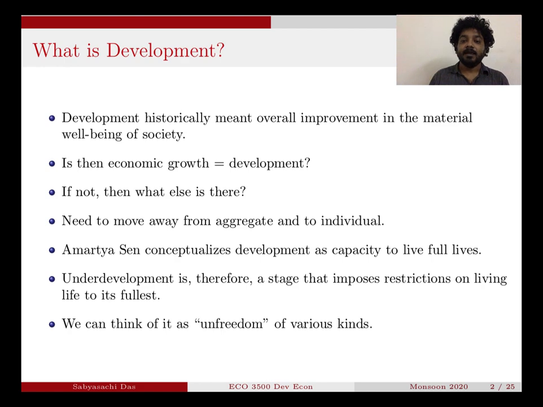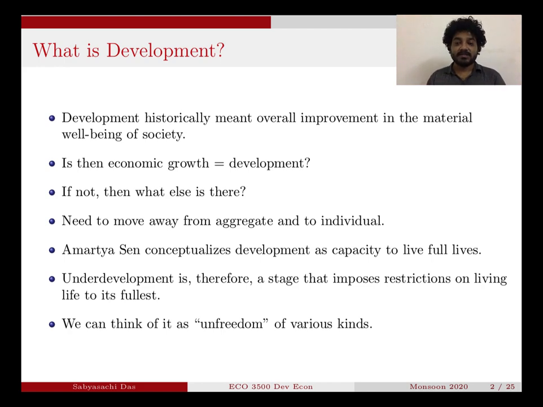Now, the question, however, is, if you are not only interested in economic prosperity, then what else are you interested in? Okay?